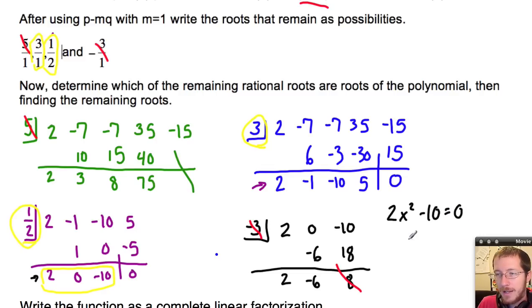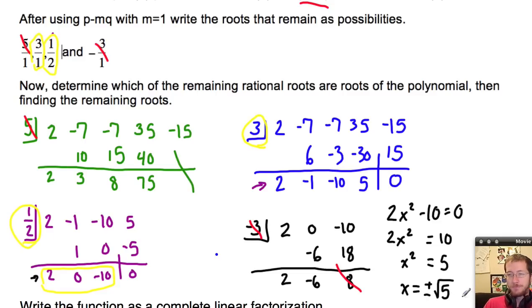So if we solve that, add 10 to both sides, divide by 2, and square root both sides. x is, don't forget, plus or minus root 5. Okay, so there's our 2 irrational roots.